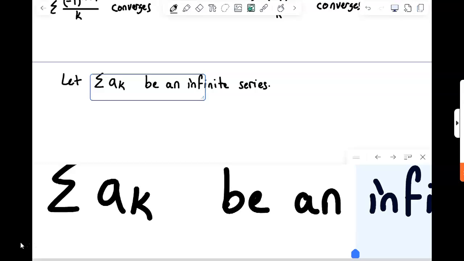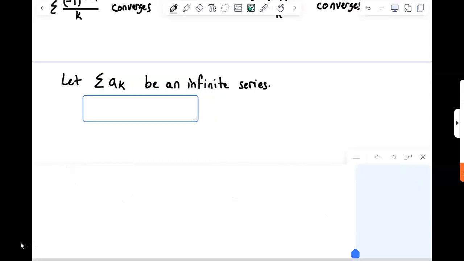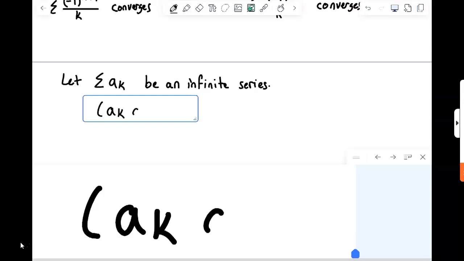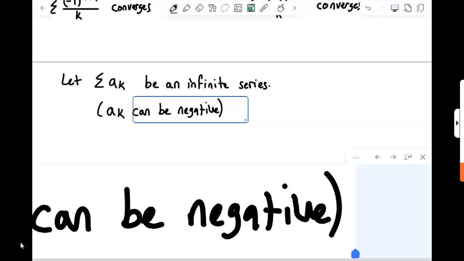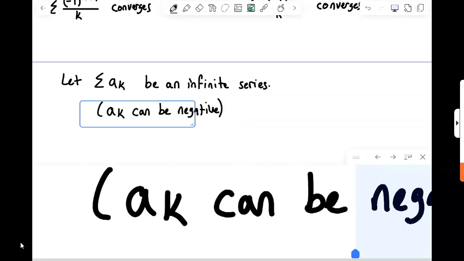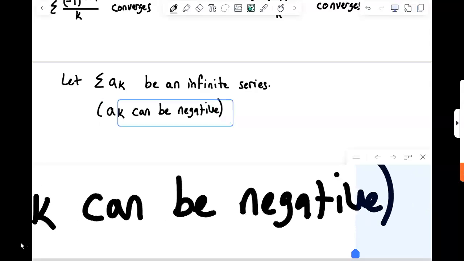That's mostly what we've dealt with so far. But now we allow for the possibility that a_k could be negative. It can be negative sometimes and positive other times. So it can be anything like that.